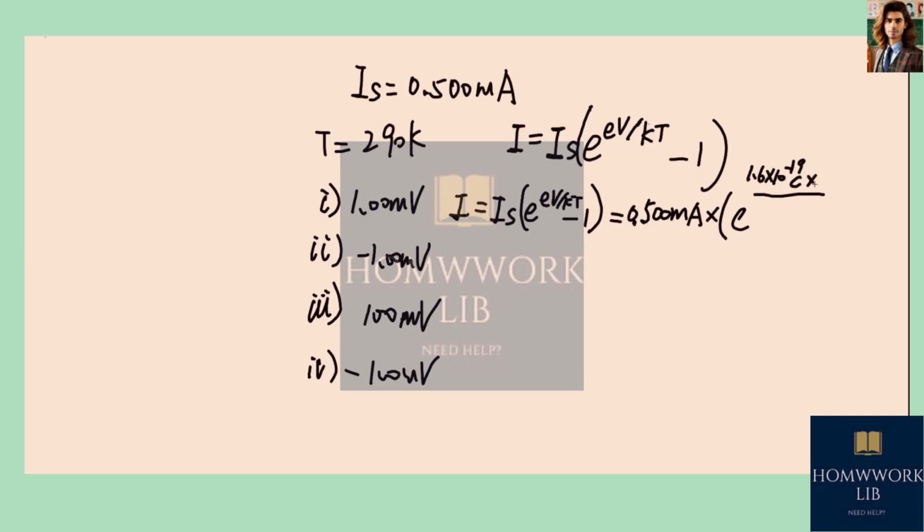The voltage in this case is 1 millivolt, so 1 times 10 to the negative 3 volt. k is a constant, 1.381 times 10 to the negative 23 joule per Kelvin. And finally, the temperature is 290 Kelvin. The whole thing minus 1.